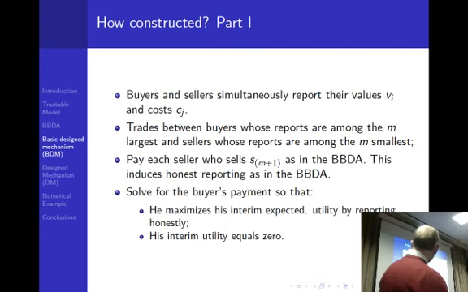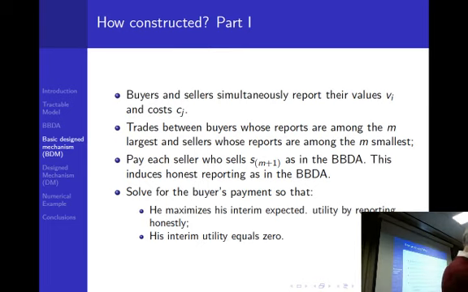So, how do we get that? Well, it's a double auction type of thing, and it's static, no time involved. So buyers and sellers are going to simultaneously report their values and costs. Now, they don't have to report their true ones, but it's going to be equilibrium for them to do it. So I'm not going to dwell on that in the notation or the discussion.